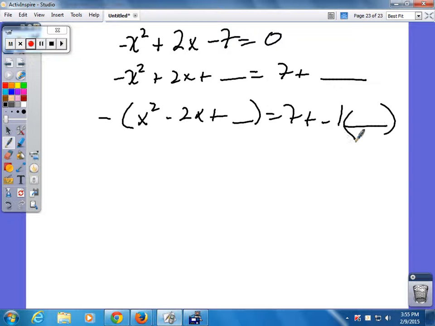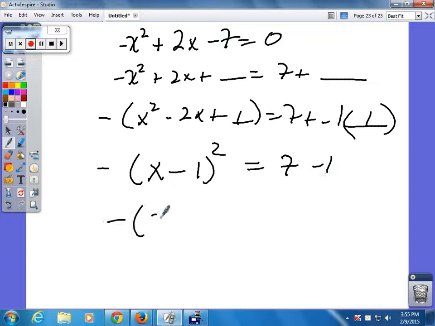Half of 2 is 1. 1 squared is 1. Negative the x minus 1 quantity squared is equal to 7 minus 1. Negative x minus 1 quantity squared is equal to 6. So that's going to be a positive 1 and a what? Negative 6.